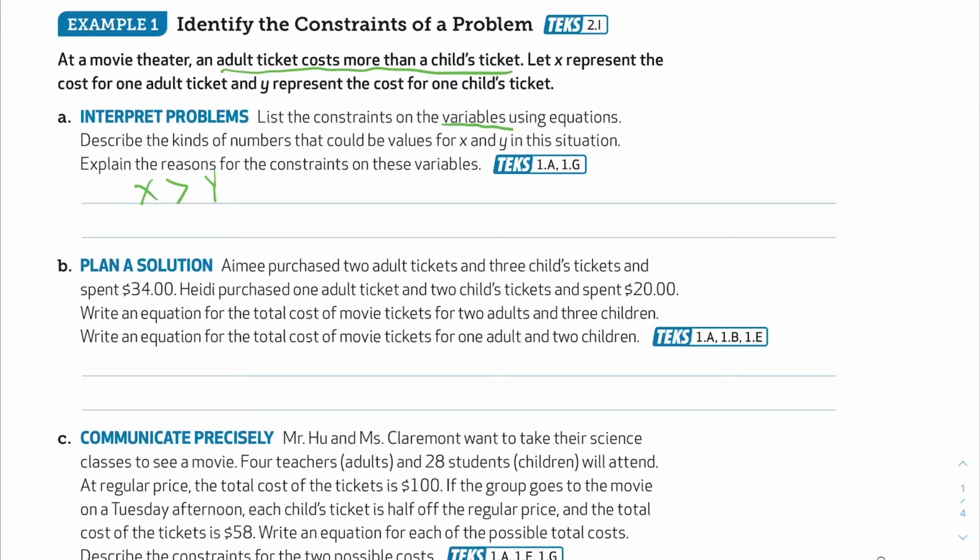So we know that X is going to have to be greater than Y. It says, describe the kinds of numbers that could be used for X and Y. Well, if X has to be greater than Y, and we're going to the movies, maybe an adult ticket costs $8 and the child's ticket costs $5. That could be it. Explain the reasons for these constraints. The problem says adult tickets cost more.